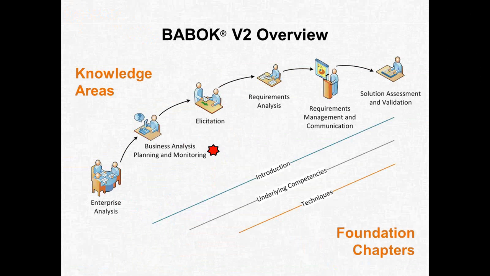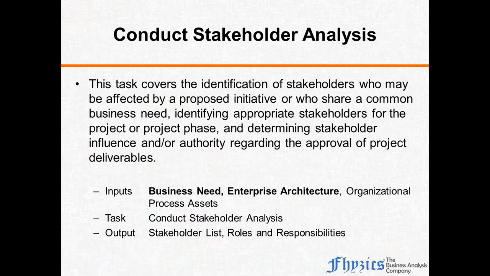And in chapter 2 in BABOK, we have a very specific task, that is conduct stakeholder analysis, right? This is the second task in business analysis planning and monitoring, which is the first knowledge area in BABOK, that is chapter 2. And this is one of the 32 tasks we have in BABOK version 2.